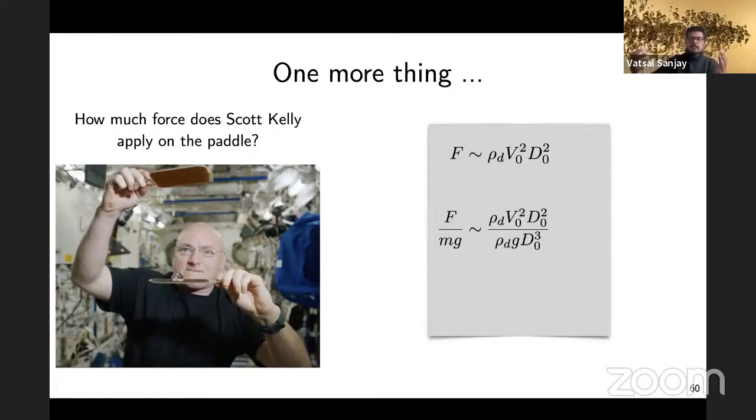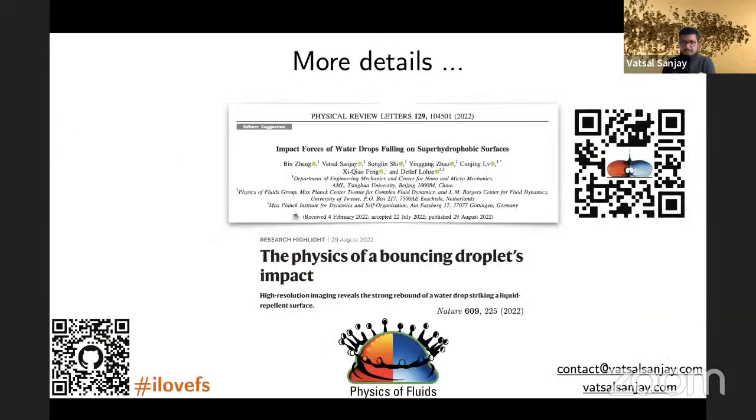But if we are on Earth, and we normalize this impact force with the weight of the droplet on Earth, and fill in some numbers, then basically what we end up with is that Scott is applying a force which is 100 times more than the weight of the droplet on Earth in order to play this ping pong with the droplets. For more details, please feel free to read this paper, reach out to me, and we can have a discussion about it in detail. So that was the first part.